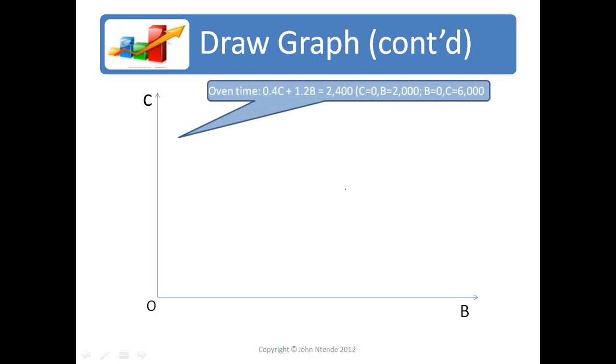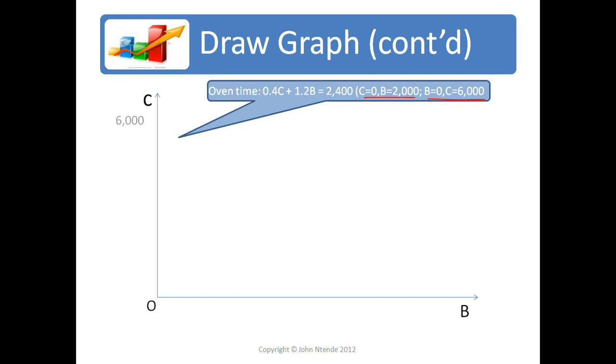So we need to draw the line for oven time, which was 0.4c plus 1.2b is equal to 2400. Now remember, we say that when c is equal to 0, b is equal to 2000, and when b is equal to 0, c is equal to 6000. So we plot these 2 points on the graph.